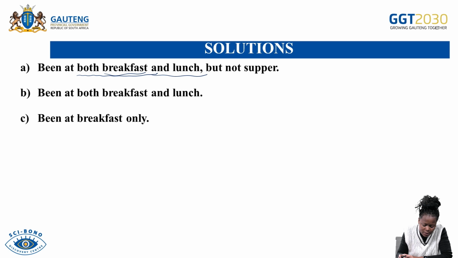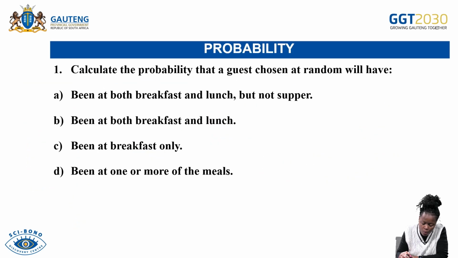B, it says calculate the probability that a guest chosen at random will have been at both breakfast and the lunch. So here they're not specific about the supper like in the second one.